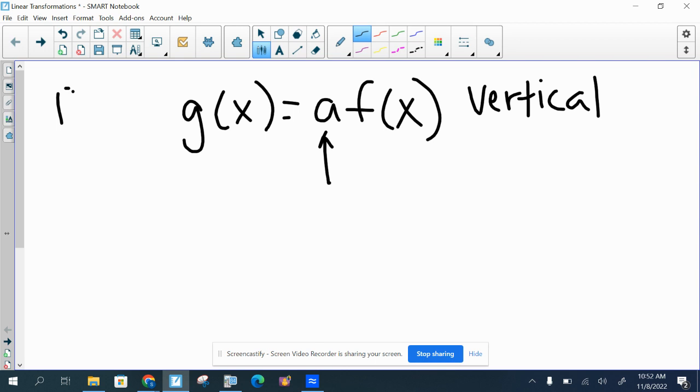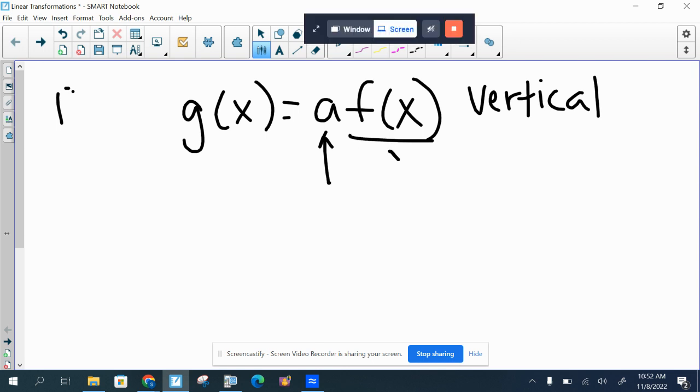The x's or the y's? The y's, because f of x is the same thing as y. If you multiply all of the y's by some number a, you're stretching it out. You're making all of the y values bigger. If I make all the y values bigger or smaller, that's a vertical compression or stretch.